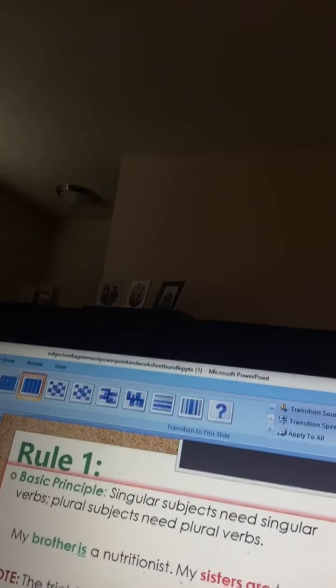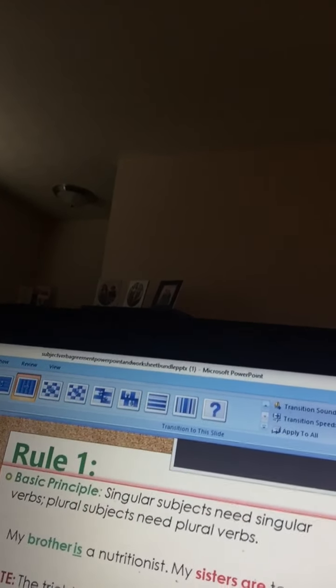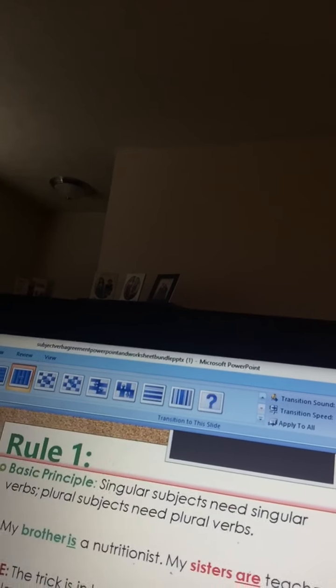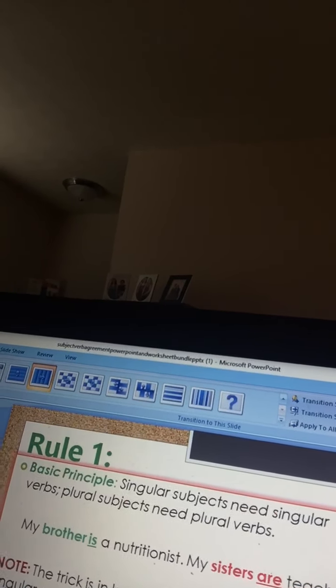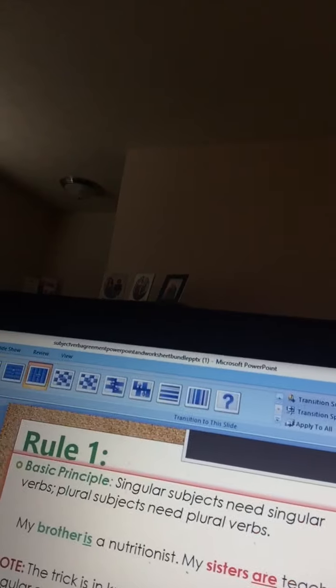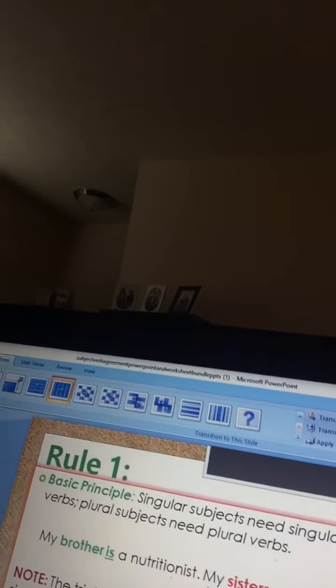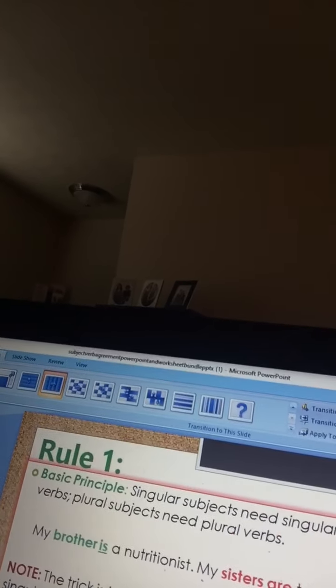Then we're going to ask ourselves, who or what is? Brother is. So brother would be our subject, and is would be part of our predicate. All right, since brother is singular, it's going to need a singular verb, which is a singular verb. So that sentence would be correct.